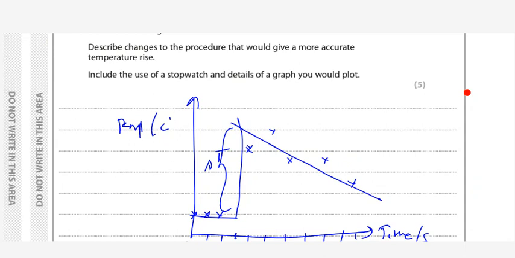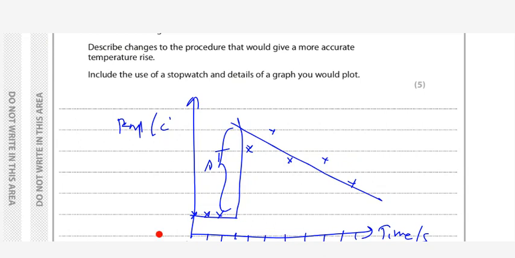Then record every minute for the first 2 minutes, and add lithium chloride at the third minute.